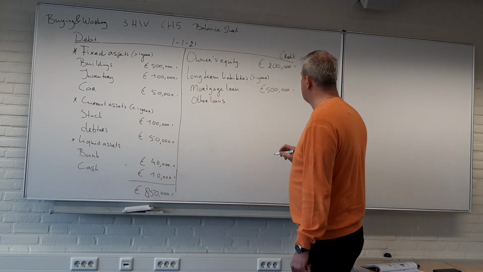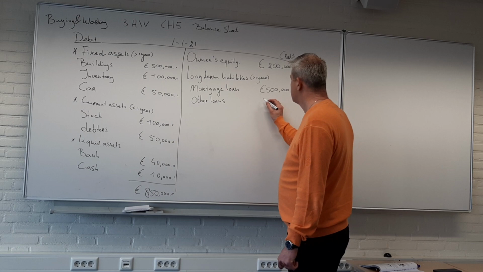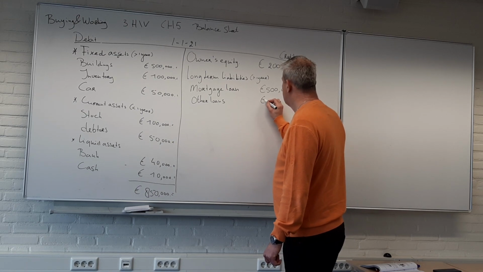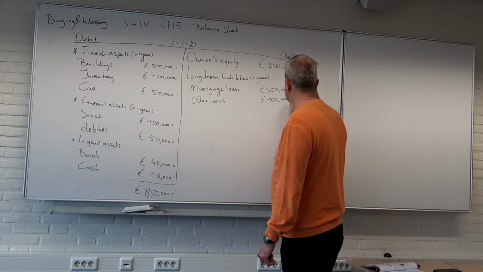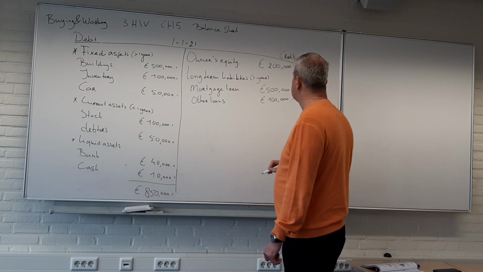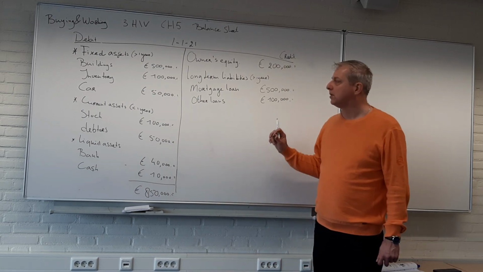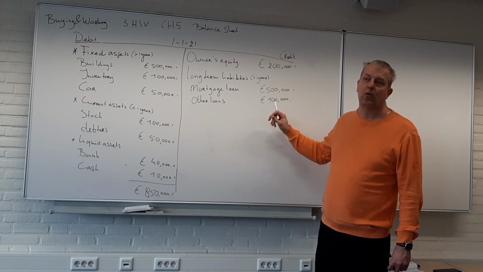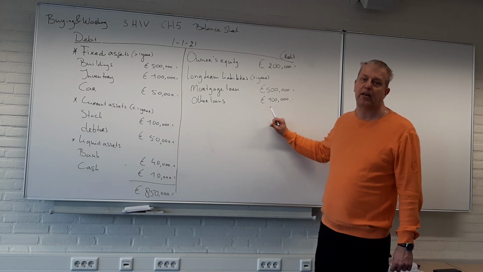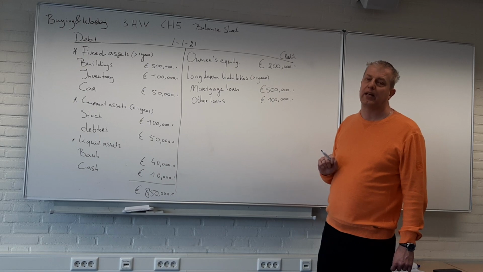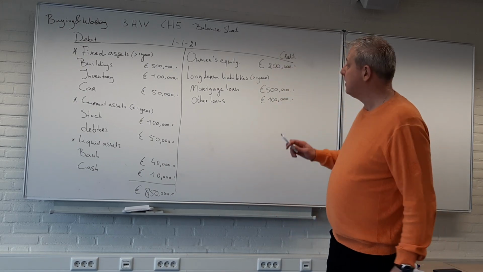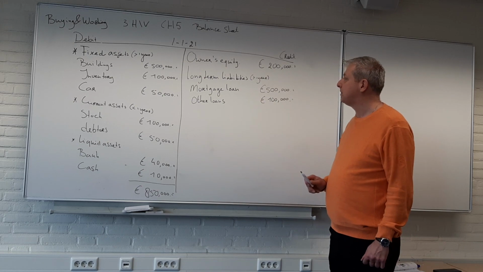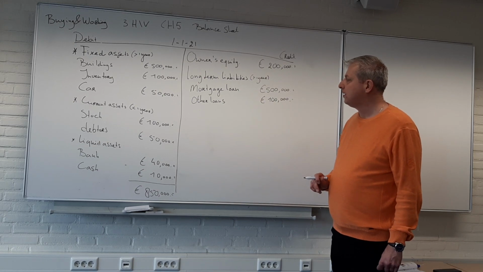And these other loans, suppose they are worth 100,000 euros. Suppose that someone other than the bank, or the bank, gave me another kind of loan, which is 100,000 euros, and I can pay it back within 5 years, for example. Then it's a long-term liability.